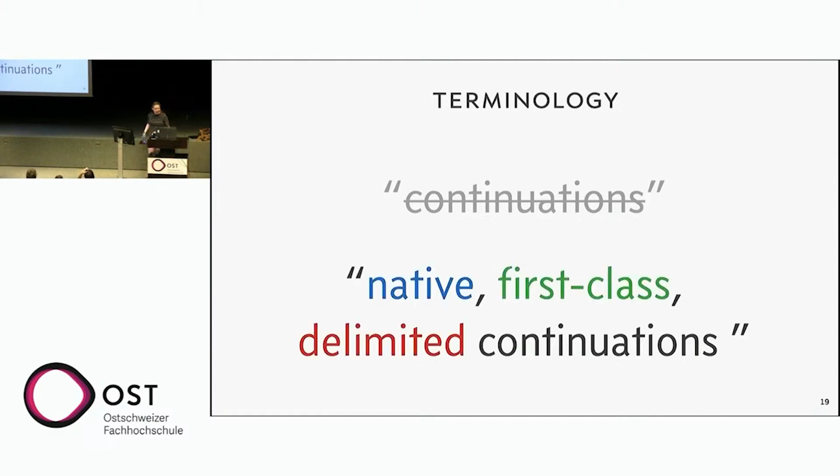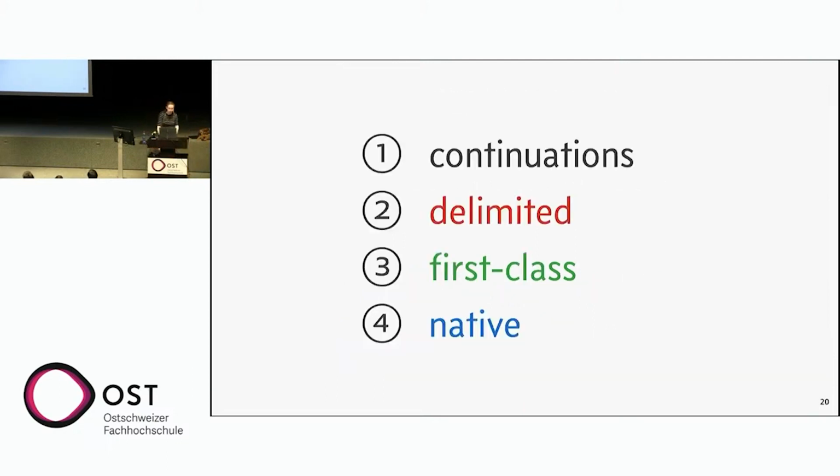We have all these adjectives here, and for a lot of people who don't even know what the noun is, these just sound like superlatives, like I'm saying amazing, premium continuations. But in fact, each and every one of those adjectives is very important, and we're going to discuss them one at a time.